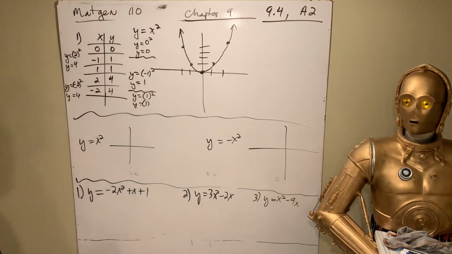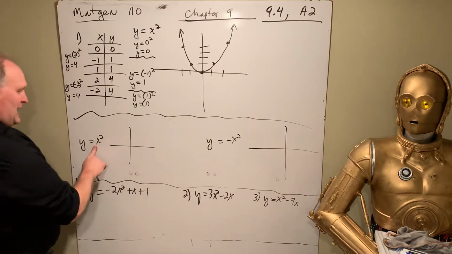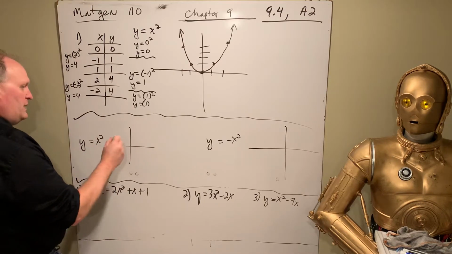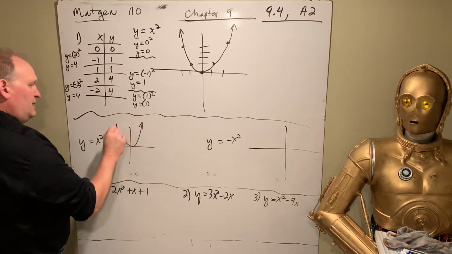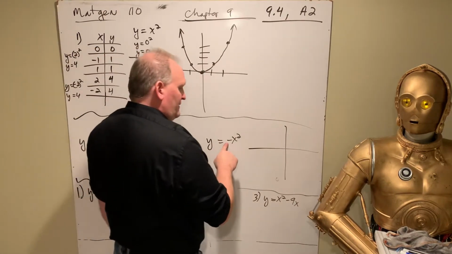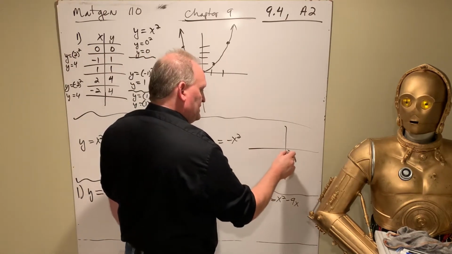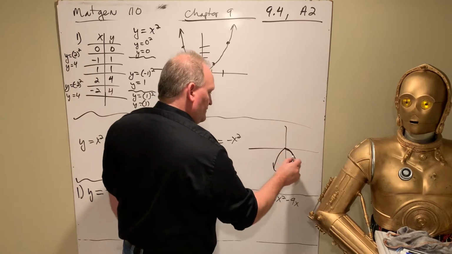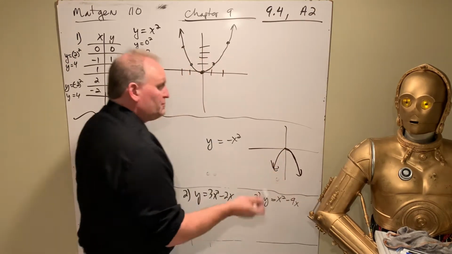All right. So if you have y equals a positive number in front of the x squared, it opens up. If you have y equals a negative number in front of the x squared, it opens down. But they're parabolas either way.